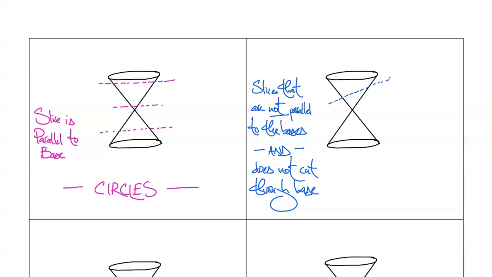All right, that's a good guess. No, that does not give us a circle. What do we think this might generate? Yeah, exactly. So these are ellipses, okay?